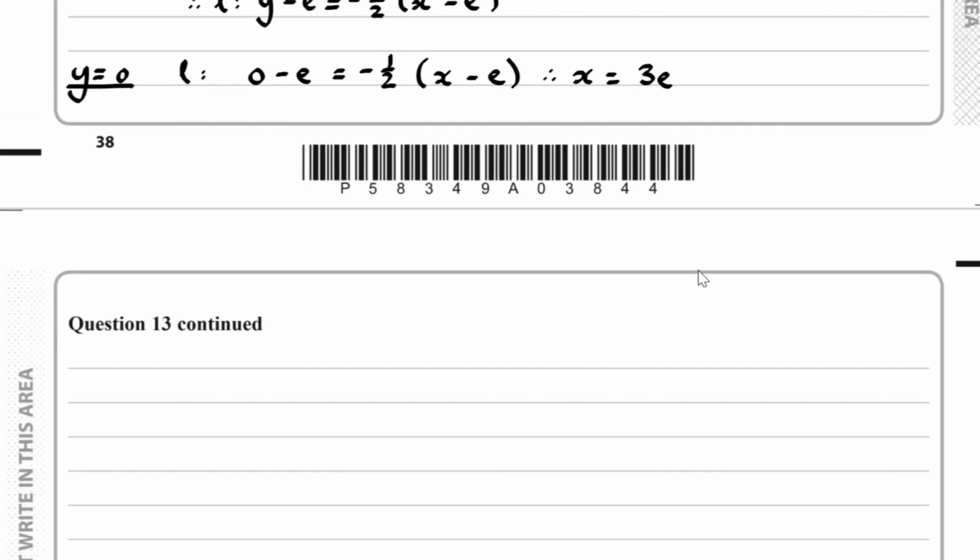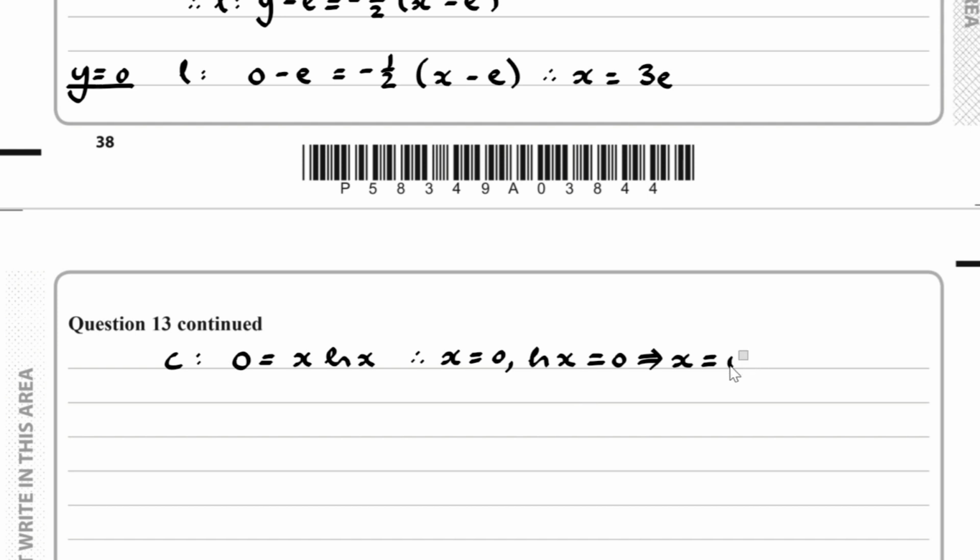And if I consider the curve C and set that equal to 0, I've got 0 equals x times the natural log of x, which implies either x is equal to 0 or the natural log of x equals 0, which implies x is equal to e.